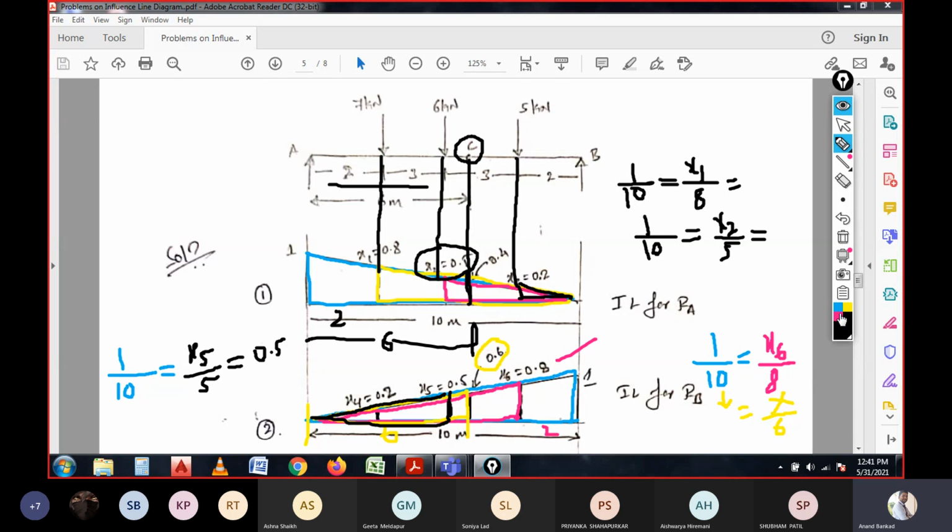And again, if you consider another triangle over here, I could take the green color one, right? For this triangle, if I write the equation, the larger triangle has 1 by 10, which I am equating to the triangle marked with a green color.